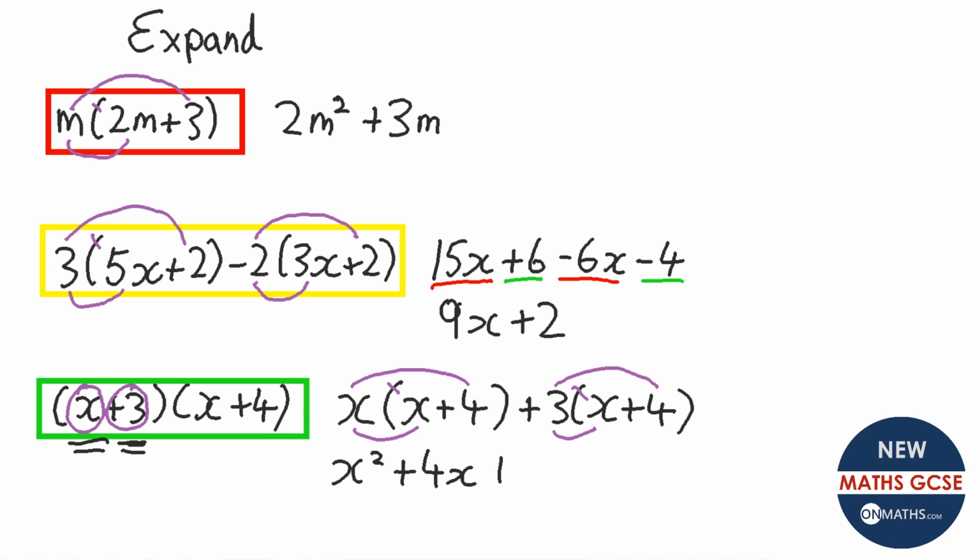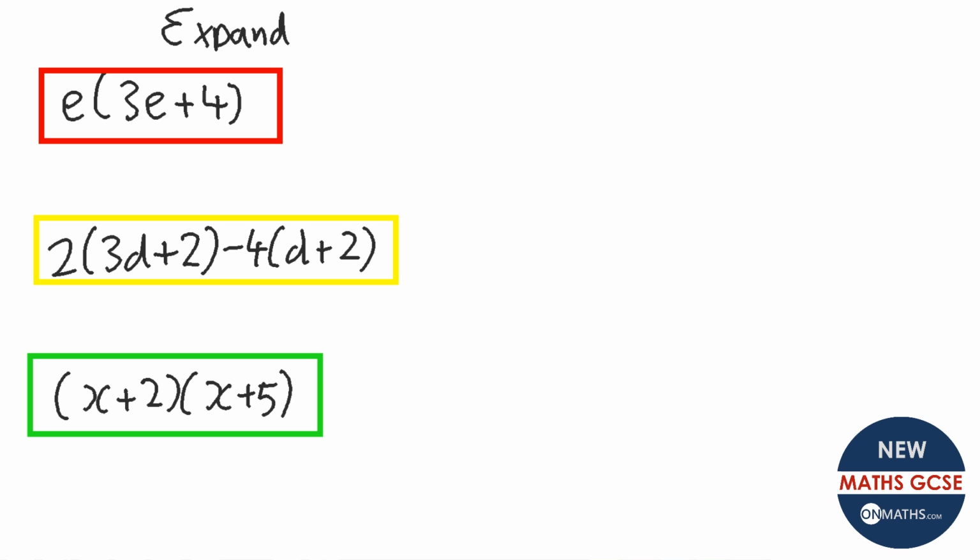Positive 3 times x is plus 3x. Positive 3 times positive 4 is positive 12. Now, almost every time, the middle two here will be able to be simplified. So nothing will simplify with that x squared. Nothing will simplify with that plus 12. But the 4x plus 3x is going to be 7x. And that's our answer. Okay, have a go yourself.